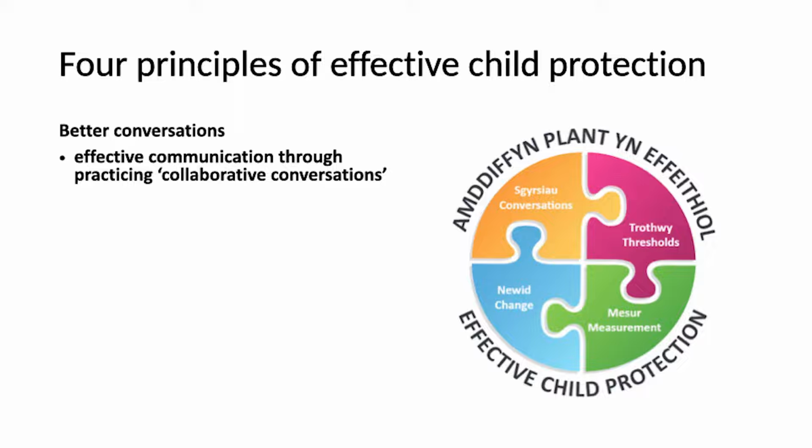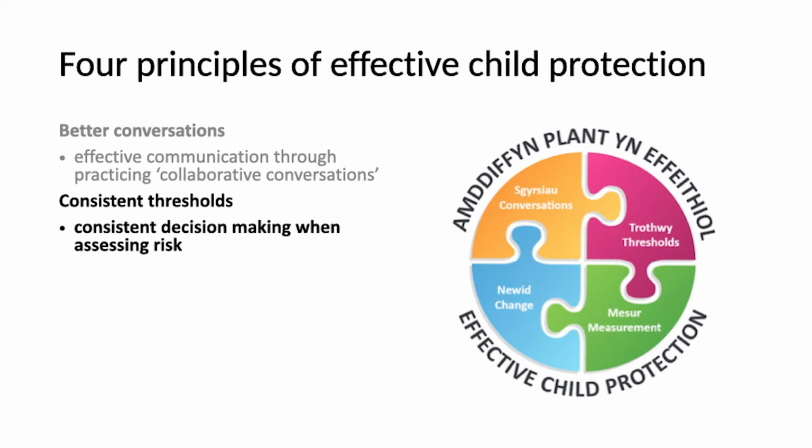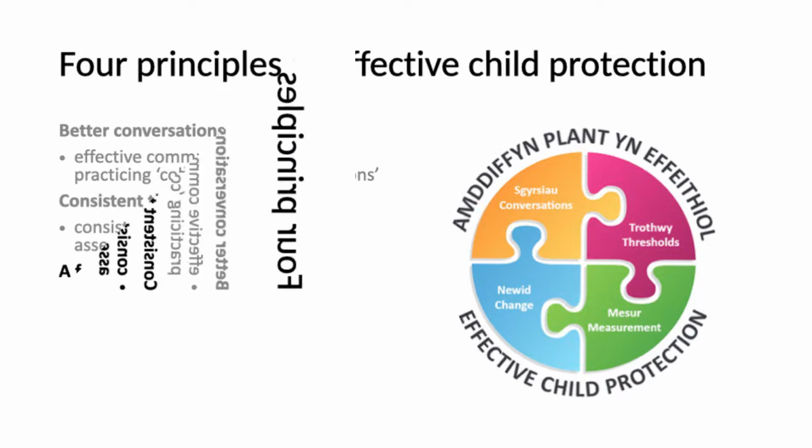These are collaborative conversations with families about change, discussions that motivate and avoid generating resistance. Secondly, good and consistent decisions about significant harm, so that threshold is tested and there is clarity about when care is not good enough and child protection actions are justified.